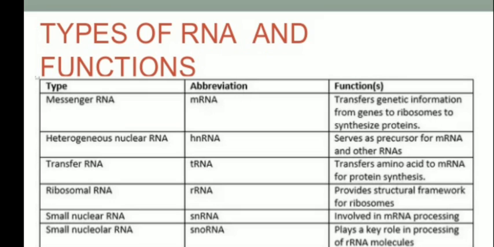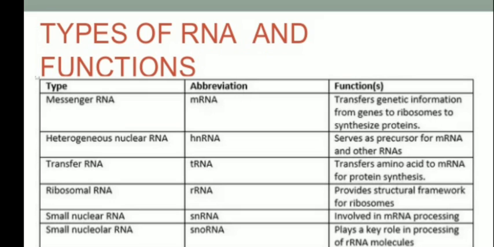The third type of RNA is ribosomal RNA, or rRNA. Ribosomal RNA provides the structural framework for ribosomes. A proper structure is given to the ribosome with the help of ribosomal RNA.